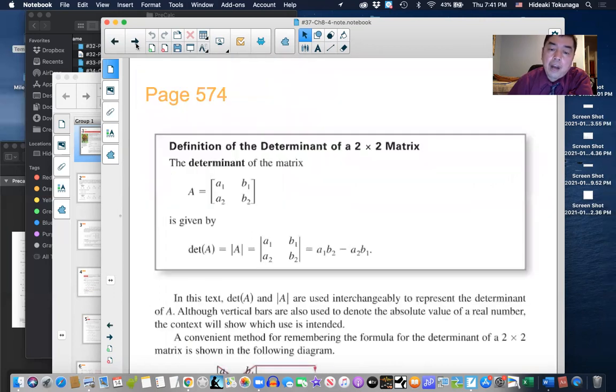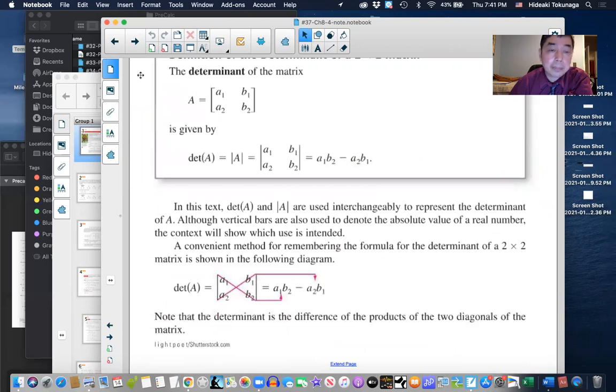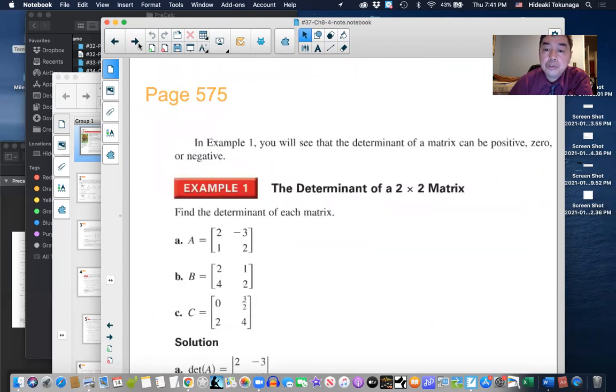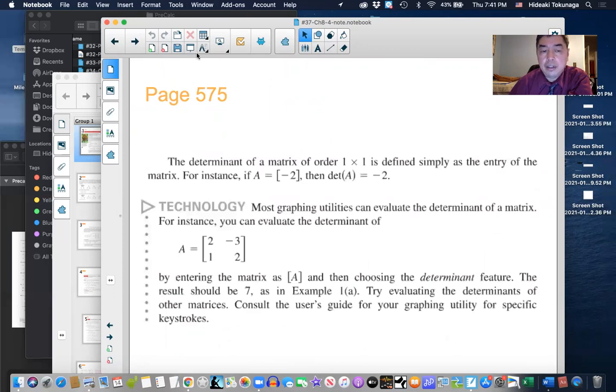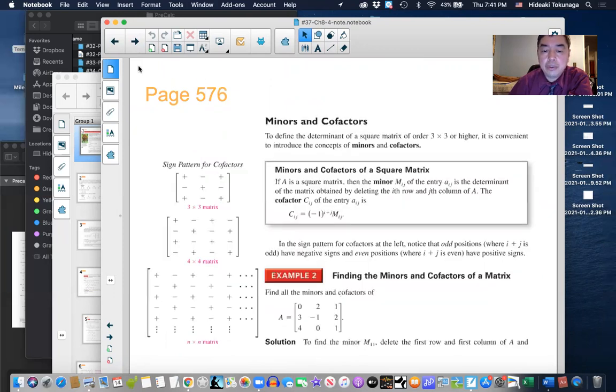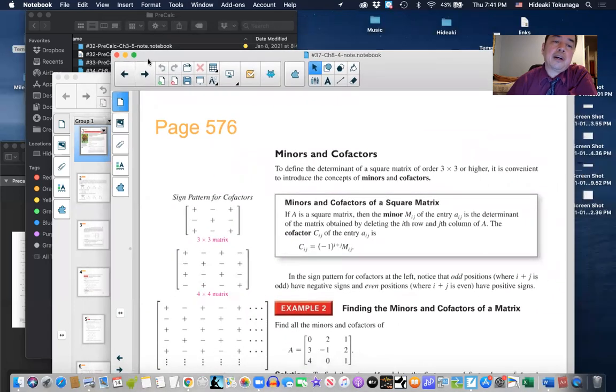Okay, how do you use the determinant? When you find the inverse, I think we explained it, we did it.